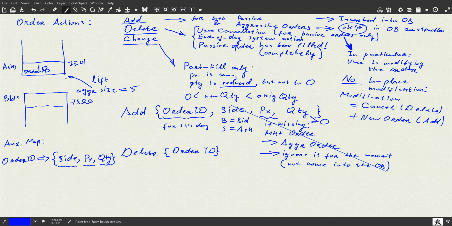So then you find this order in your corresponding side at the given price level, and you reduce the cumulative quantity by this constant. Obviously, if a delete happens, then your quantity of the order must be less than or equal to the cumulative quantity at that price level.